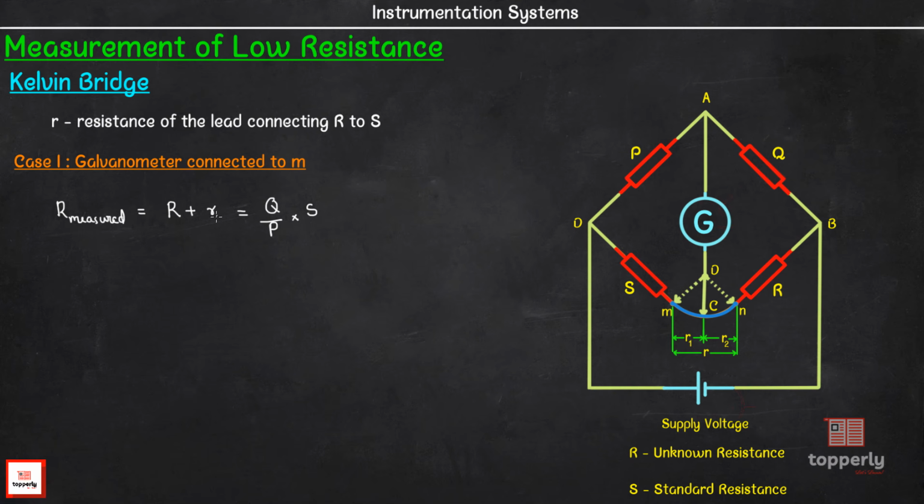So as you can see, the measured value will be greater than the true value of the unknown resistance R. Therefore, in this case, R measured is greater than the true value of R.